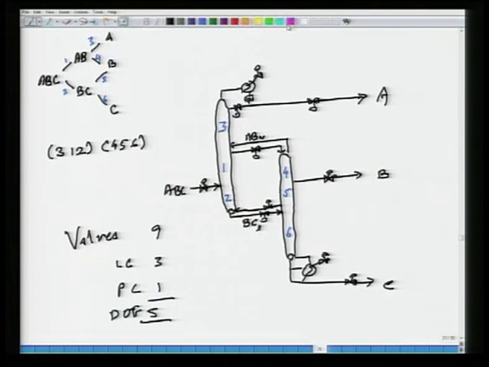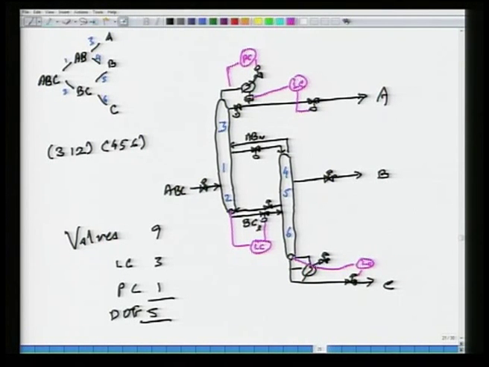So let's put in those controllers. So here's my pressure controller, here's my level controller, this bottoms level is also controlled using a level controller.